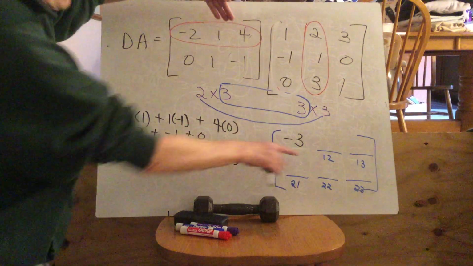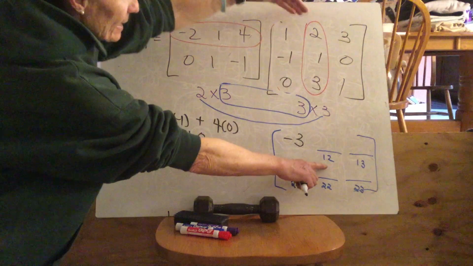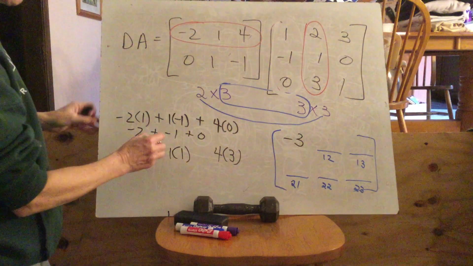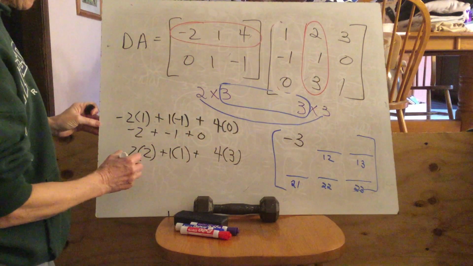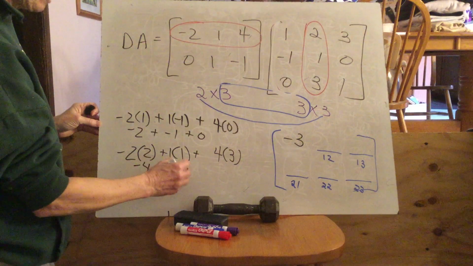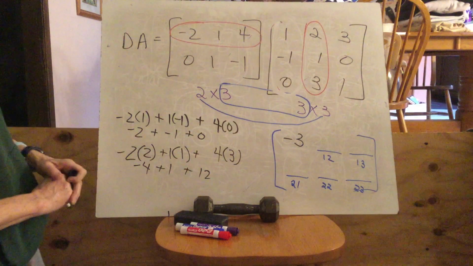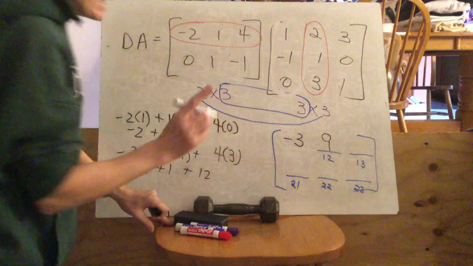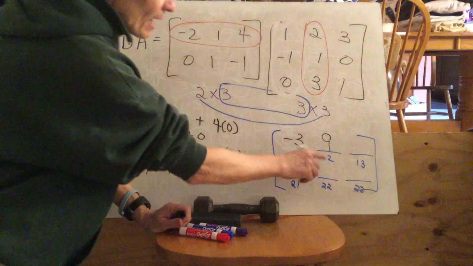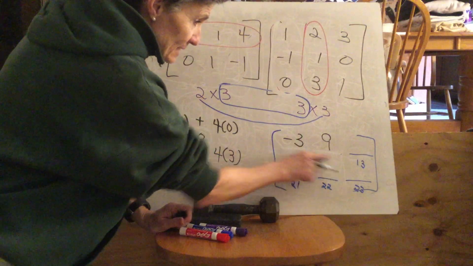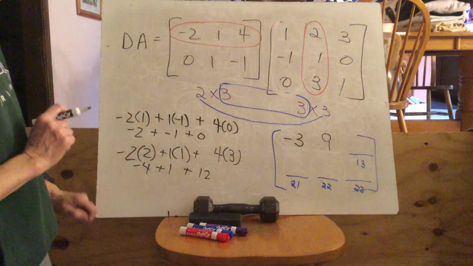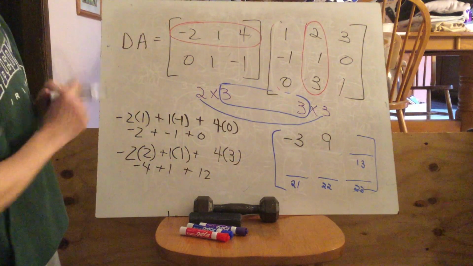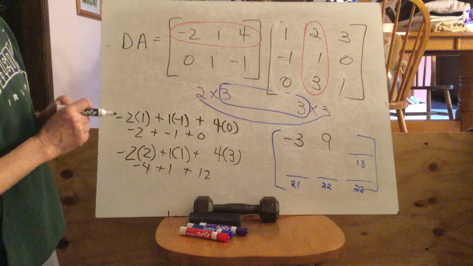So first row, second column. So that's -4 plus 1 plus 12. What is that? 9? And again, this is not a fraction. This isn't even needed anymore. There's your answer, 9. Because it's -4 plus 1 plus 12.